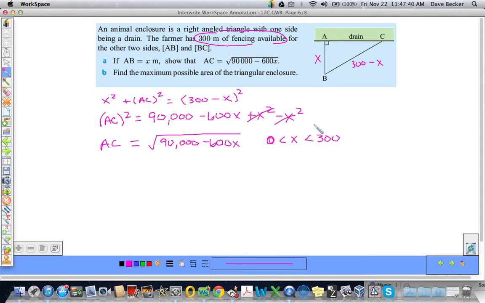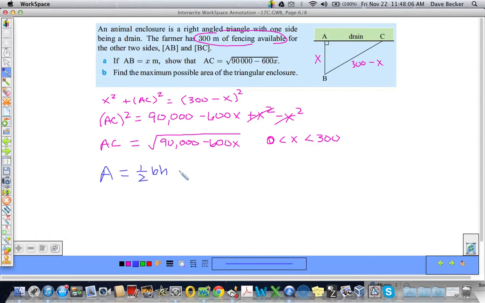So we're finding the maximum possible area, so we need a formula for area if we're going to maximize it. The area of a triangle is equal to 1/2 base times height. Well, the base is right here and the height is right here. And we just found that the base is equal to the square root of 90,000 minus 600x.